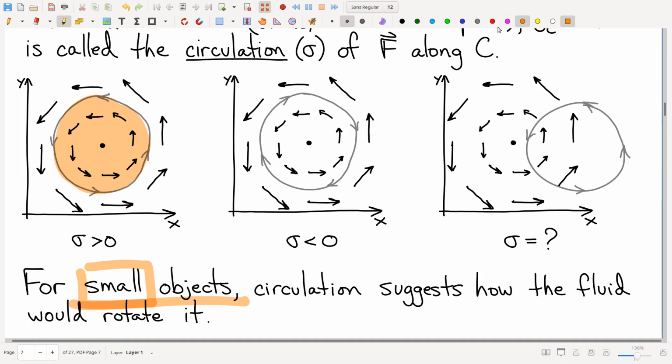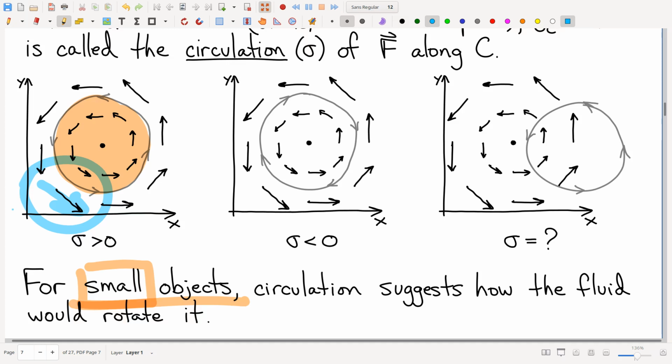Because after all, as we saw previously anyway, in this case, the fact that the fluid flow is going in the same direction as the boundary, this is going to be pushing the leaf counterclockwise. Likewise, over here, the fact that the water is going that way is going to be pushing the leaf counterclockwise, et cetera, all the way around, right? Like over here, this part of the flow is going to be turning the leaf counterclockwise, all the way around counterclockwise.